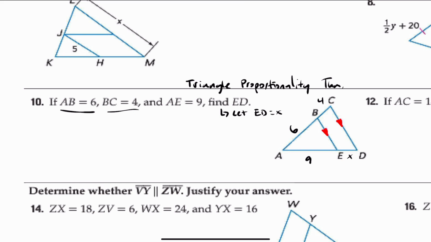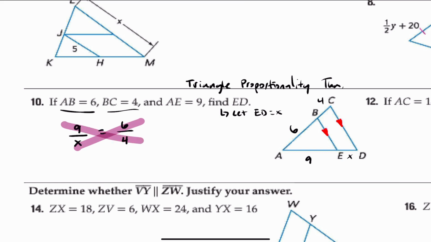And basically the setup is this. You're going to create a ratio between these two segments and set that equal to these two segments. So I'm going to start off with 9. Okay, so 9 over x is equal to, well, 9 corresponds with 6, so 6 must stay up top. And then 4 is going to be right there.